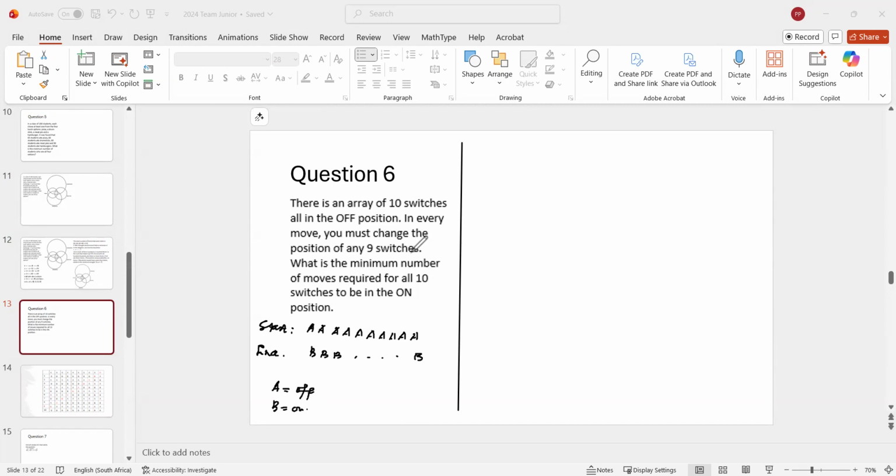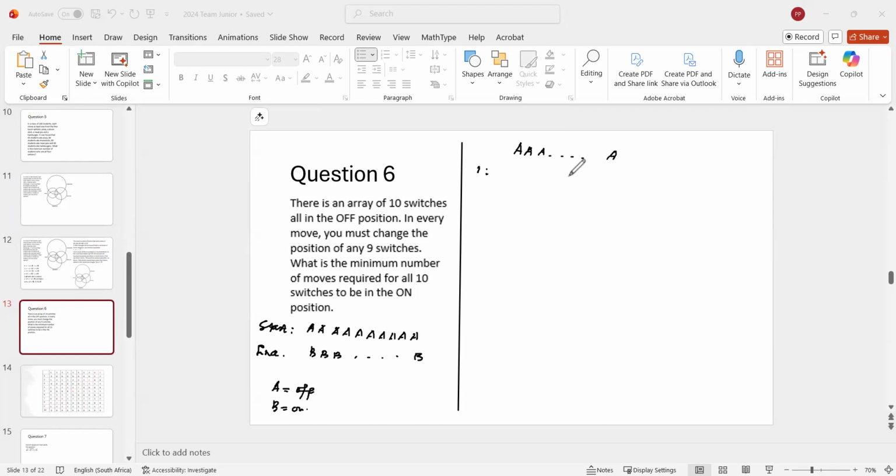Now, in each change, you change the position of 9 switches. So let's look at the end. You want to know the minimum number of moves required for all 10 switches to be in the on position. You're starting off with all A's, and you make a first move. Let's call it move 1.